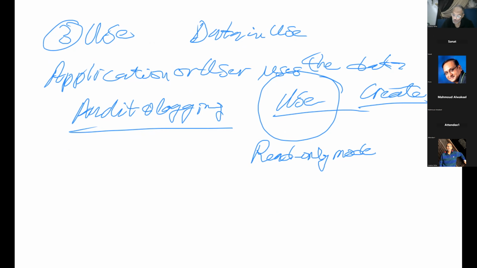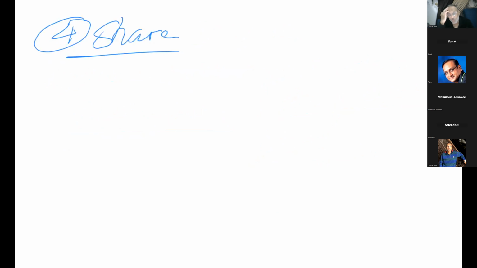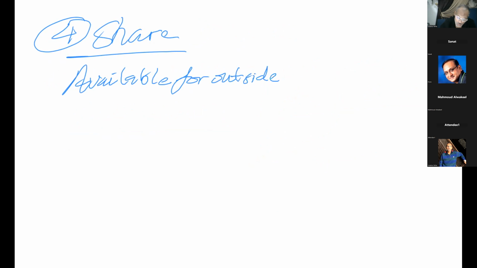Okay, phase number 4: share. The data will be shared. It will be available outside the system. Gentlemen, this is very important, and I was confused also. When I had a look at outside, I thought it meant outside the organization, which means with external users.